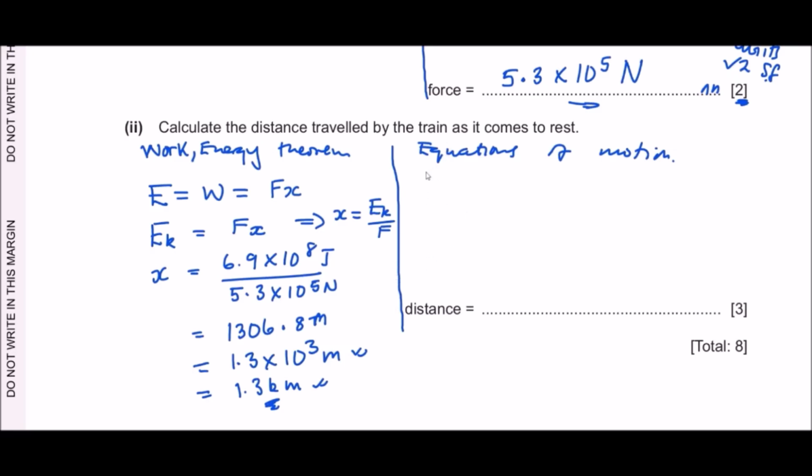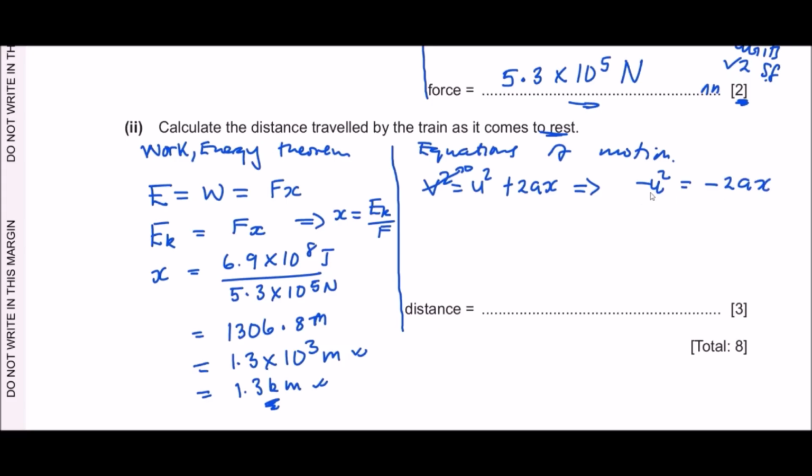Or alternatively, we can use equations of motion. We know that v squared is equal to u squared plus 2ax. Now looking at this, we know that it's coming to rest. Therefore, the final velocity is going to be 0. So we can actually say negative u squared is equal to negative 2ax.